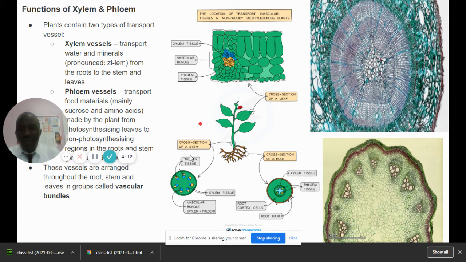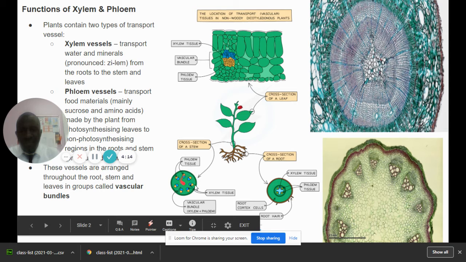The same applies if you look at the roots and stems: for monocotyledonous plants, they are presented differently. This is the cross section of a dicotyledonous stem, where we have the xylem vessels and phloem vessels, the vascular bundles, organized in a concentric form, in a ring form.